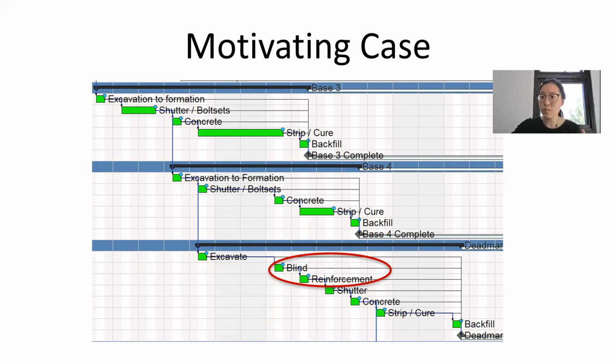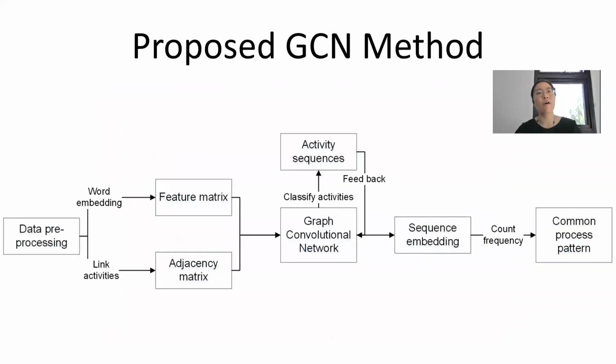So to solve this problem, we propose a graph-based method, or we call it the GCM method, to identify the common patterns or the frequently used construction sequences across different projects in order to automate and optimize the scheduling for new projects. The proposed method first starts with data pre-processing, and then we prepare two matrices. One is a feature matrix, and the other is an adjacency matrix. We will further explain what each matrix means later.